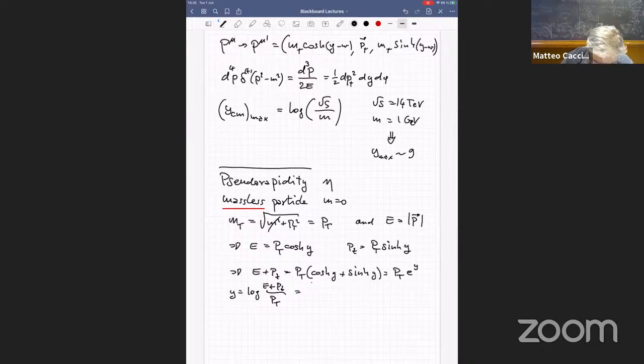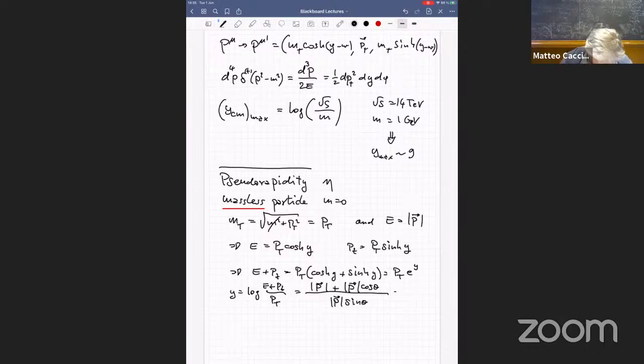This is p plus p sine theta, on the definition of the energy. This is simply the energy, and this is simply the longitudinal momentum, divided by pt, which is simply p. Sorry, I made a mistake here. This is cosine theta, and this is sine theta.